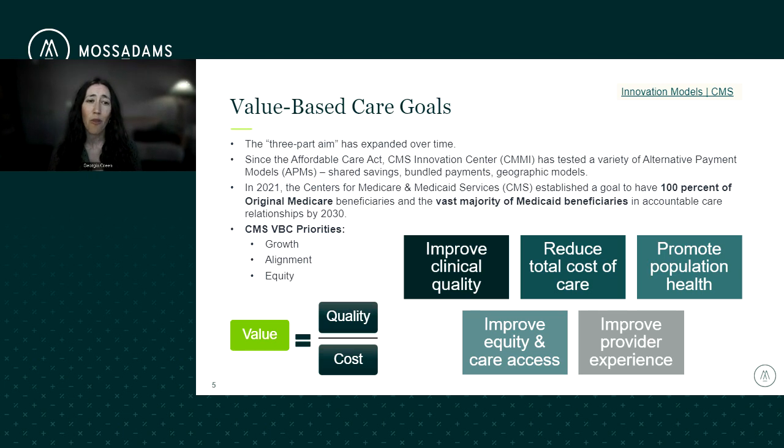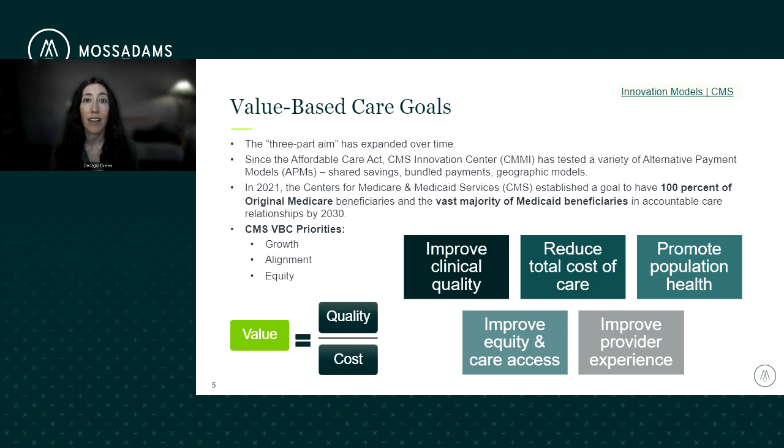I think the really important thing to understand is that in 2021, CMS established a goal to have 100% of original Medicare, that's traditional fee-for-service Medicare patients, in a value-based care arrangement, and the vast majority of Medicaid beneficiaries as well. So they've really been working on this since the passage of the Affordable Care Act in 2010, Obamacare.